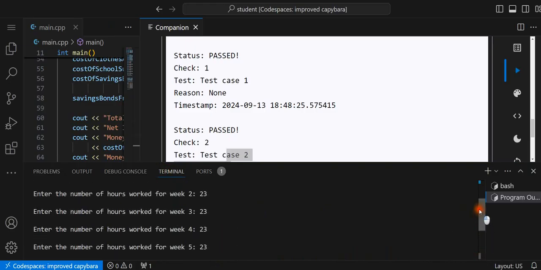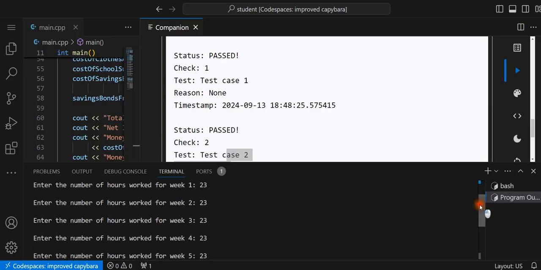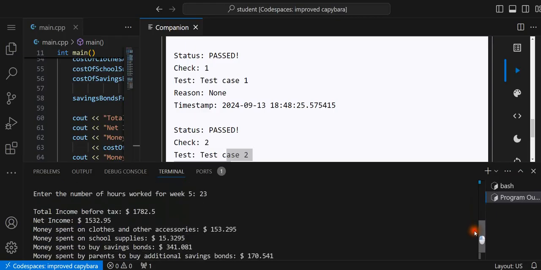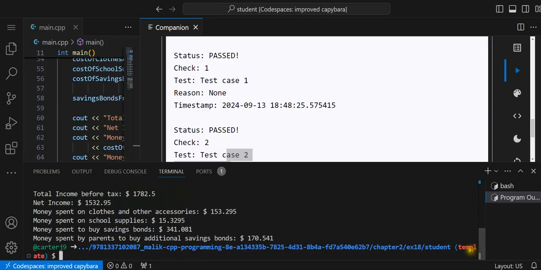It was my input and output. Enter the rate per hour pay rate, 15, 50, and I just did all 23s, and I got this, and it gave me a perfect.